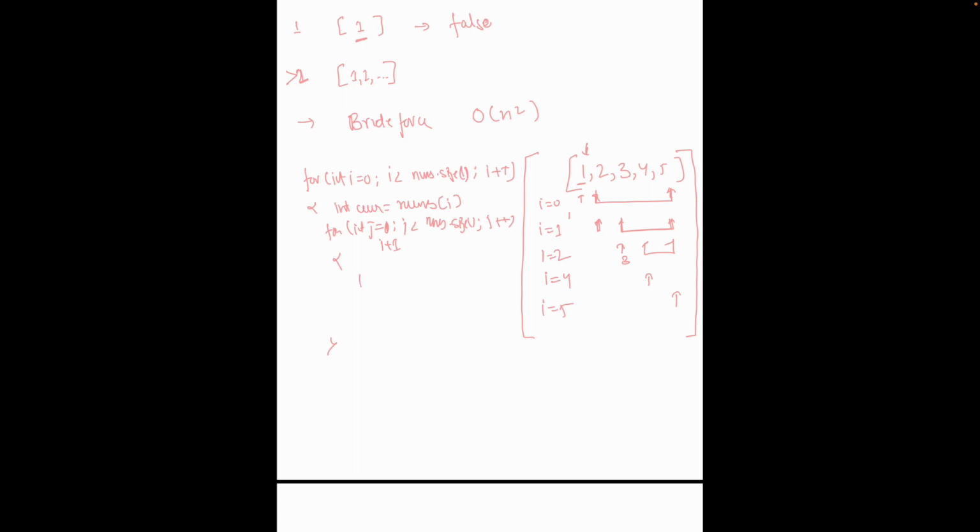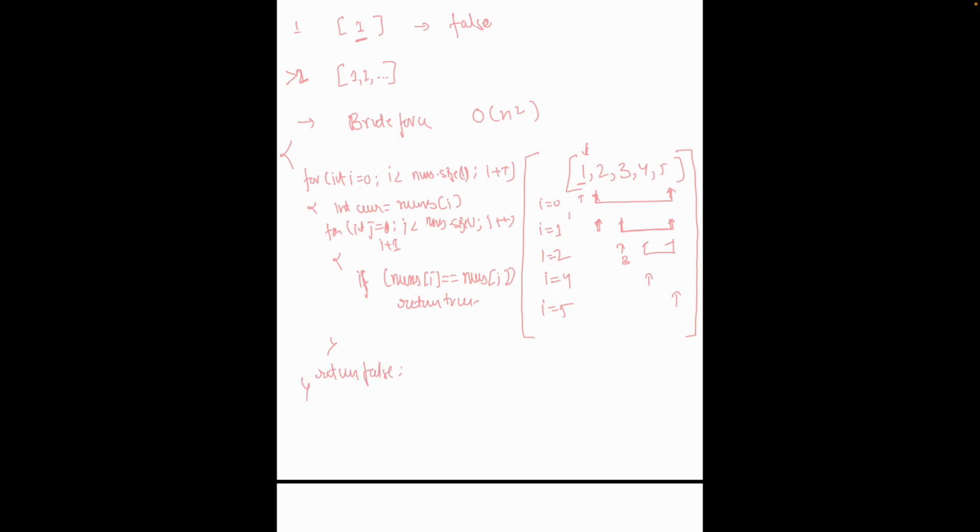And here we can just say if nums of i is equal to nums of j, return true. And this is the entire block.